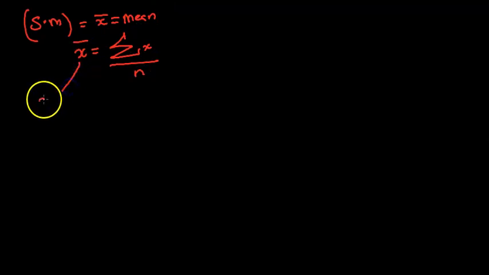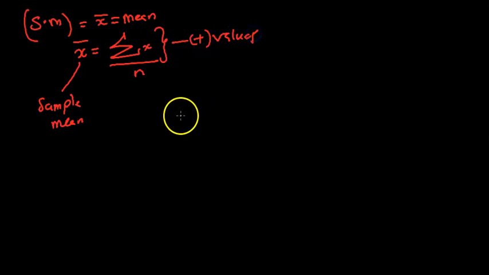This is what we call the sample mean, and this is the formula. This is the summation, that is, summing all the values. What about the n? This simply stands for the sample size. Okay, let's go on and try the next one.